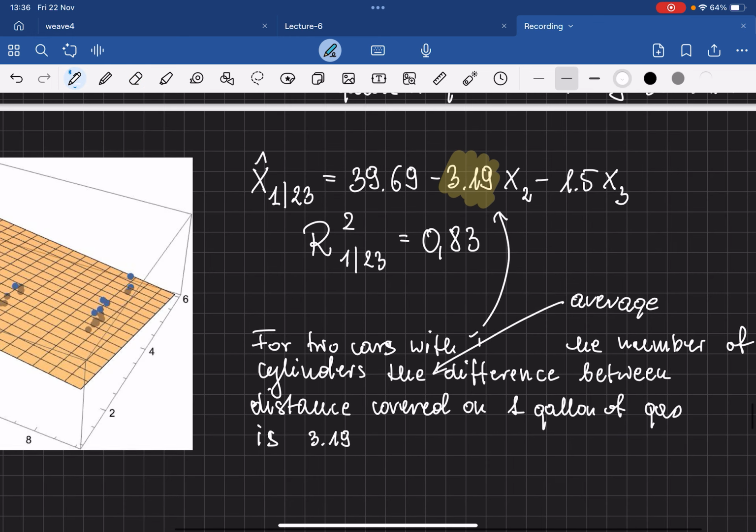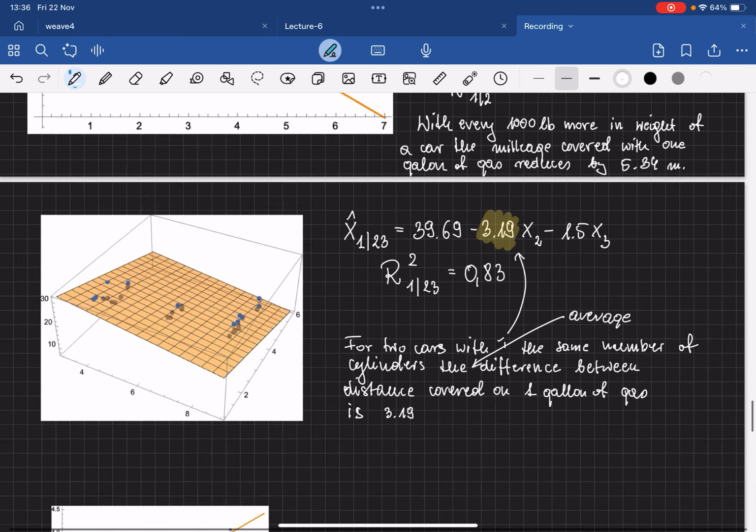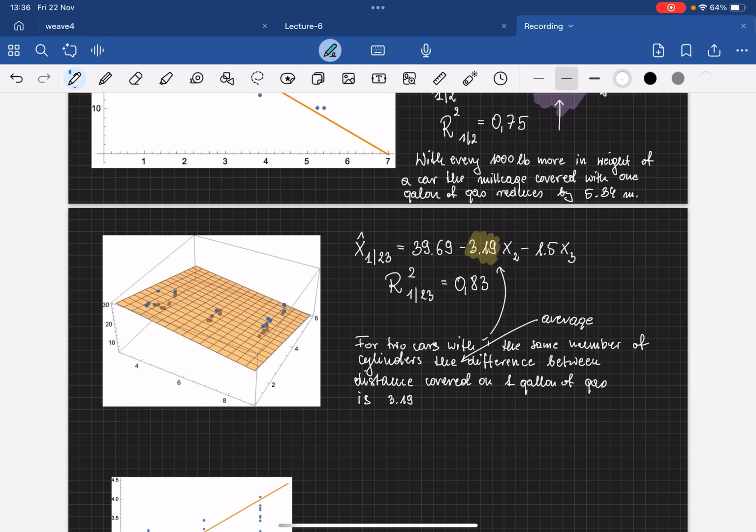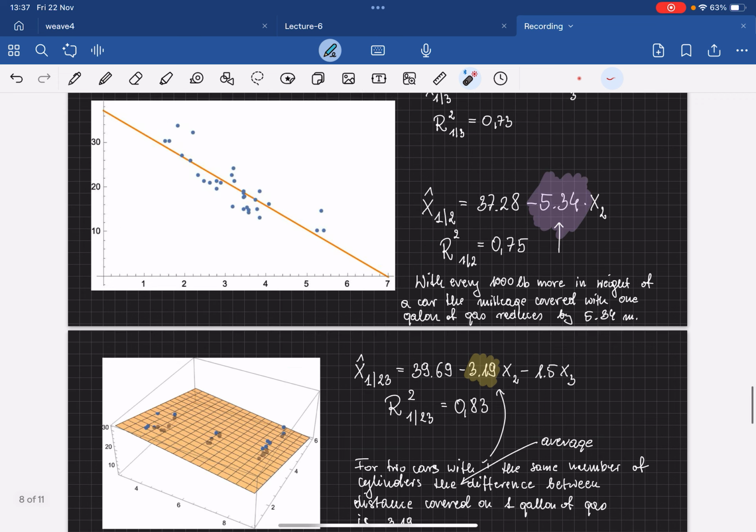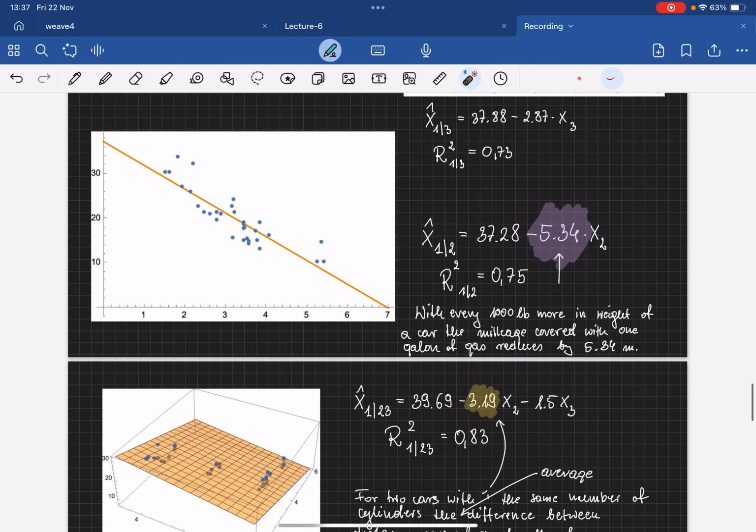We can also look at the plot of our regression function, where everything now happens in 3 dimensions. Probably it isn't as well visible as in the case of 2 variables.